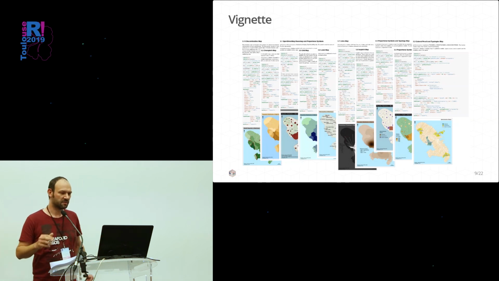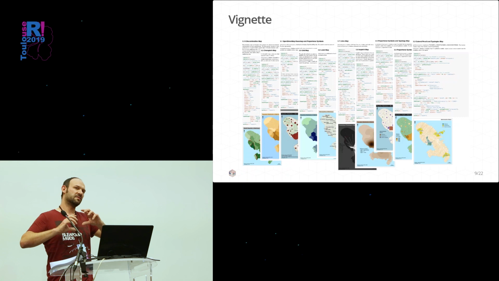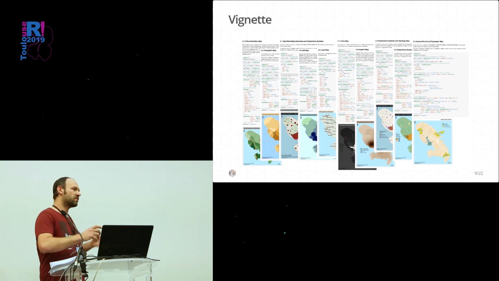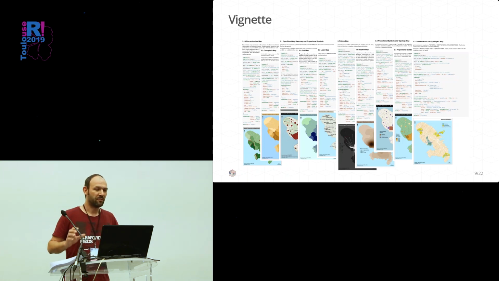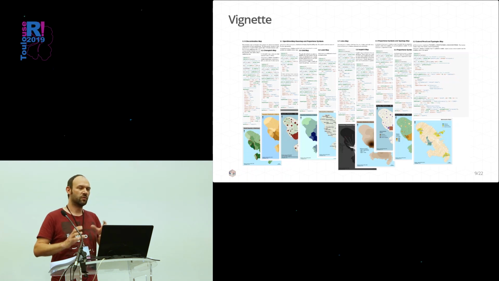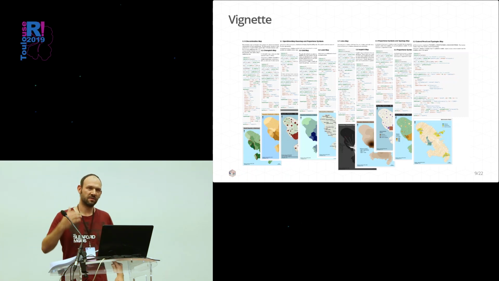And we took some time to create a vignette that gives details on each type of representation that we can build with the package. For each representation we have a short description of when you should or should not use it, and then a complete example with the map at the end.